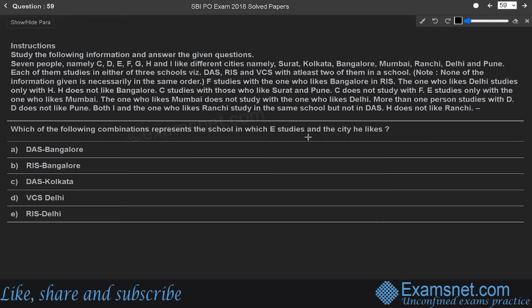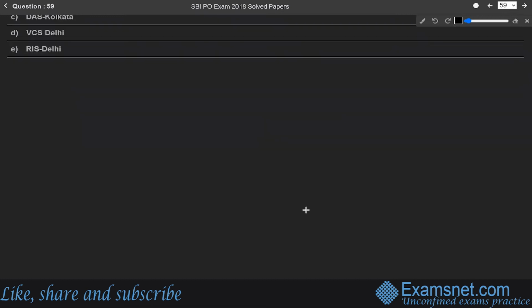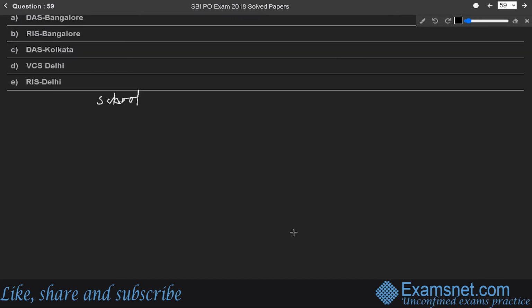So according to all the information given here, we can make a table which consists of school, persons and city. There are 3 schools, DAS, RIS and VCS.